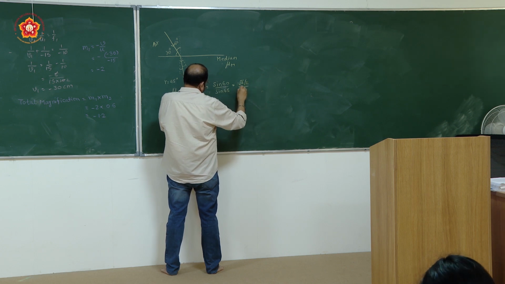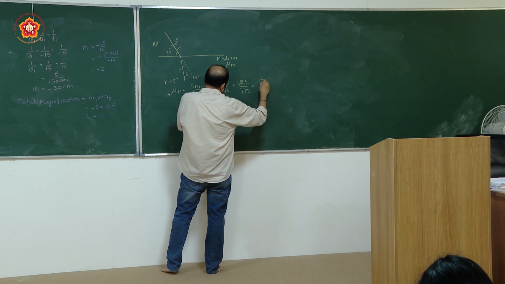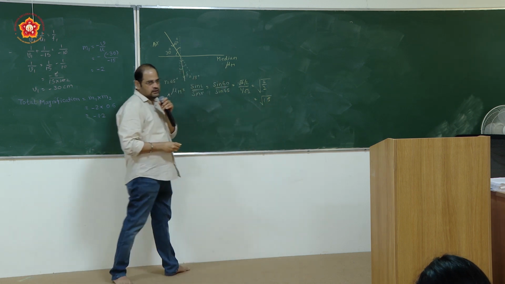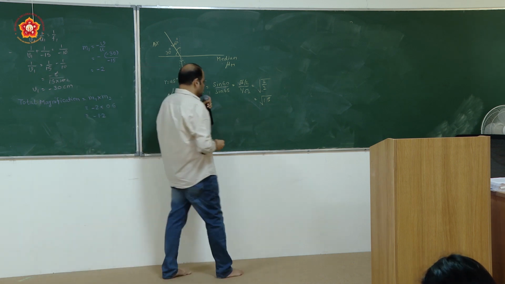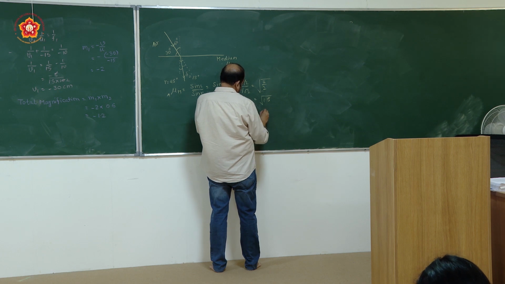And what is sine of 45? 1 by root 2. So your answer would be under root of 3 by 2, so your value will be under root of 1.5. So under root of 1.5 will be closer to 1.2, and that will be the answer.